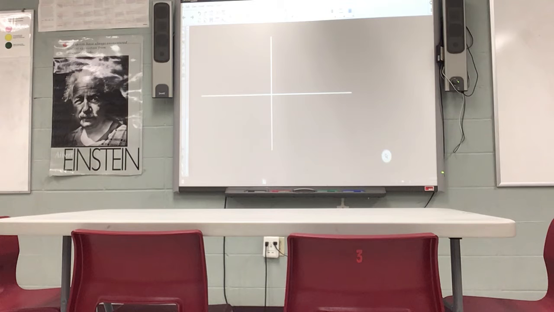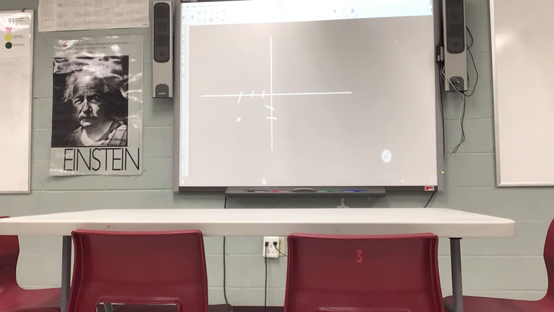On number 3, we have a center at (-3, -2). 1, 2, 3, 1, 2. So there's the center of our circle. Then it says it's tangent to the x-axis, the horizontal one up here.